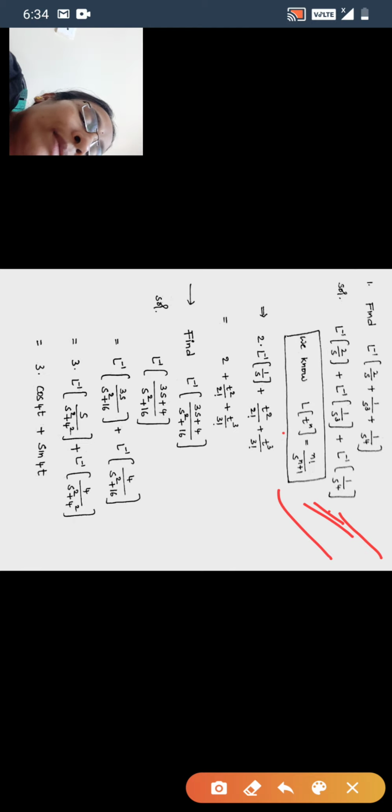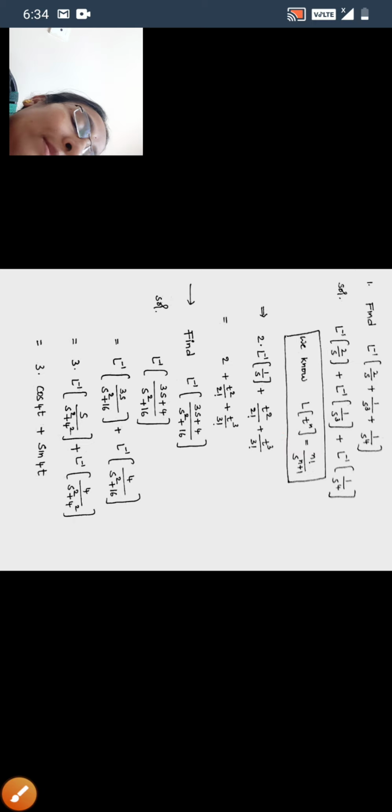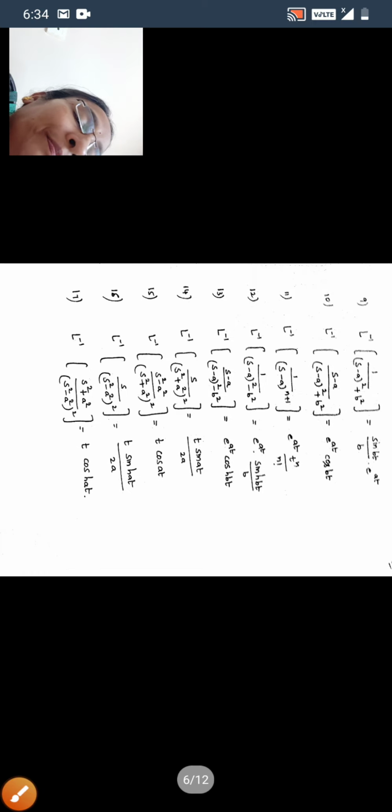Similarly, the next problem is to find the inverse Laplace transform. Find L inverse of 3s plus 4 by s square plus 16. In the numerator we have 3s plus 4, but if you observe the inverse Laplace transform formulas, we have s square plus a square in the sin at Laplace transform as well as the cos at Laplace transform.